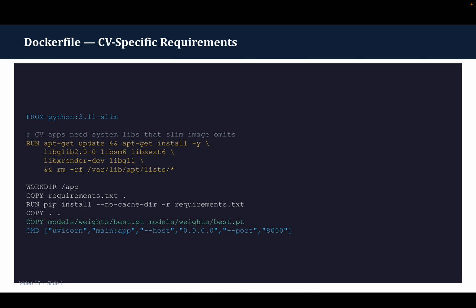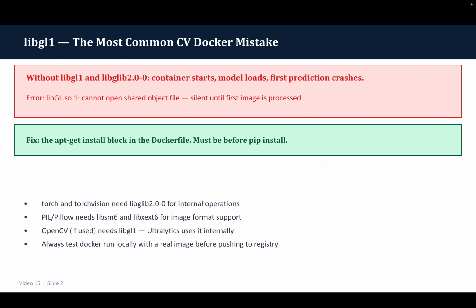Most CV apps need system libraries like libglib, libsm6, libxrender-dev, and the likes. Without these libraries, like libgl1 and libglib2.0, the container starts, the model loads, but the first prediction crashes.